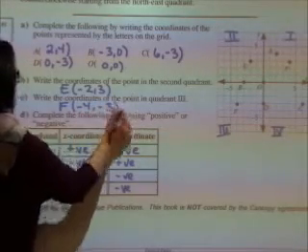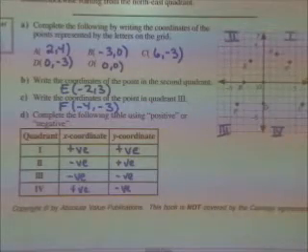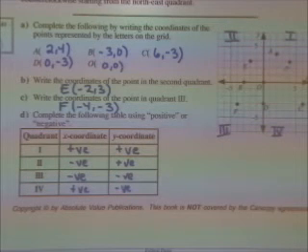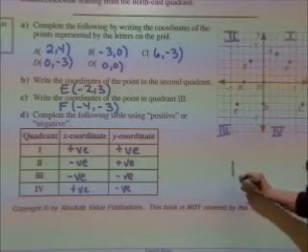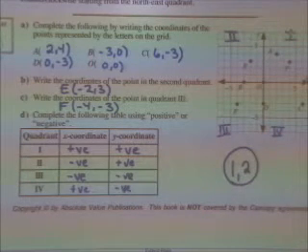Good. Okay. D and B do not actually belong to a particular quadrant because they are right on the axes. So what I'd like you to do is practice, or look at questions 1 and 2.